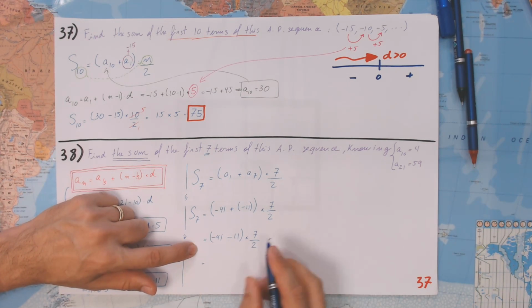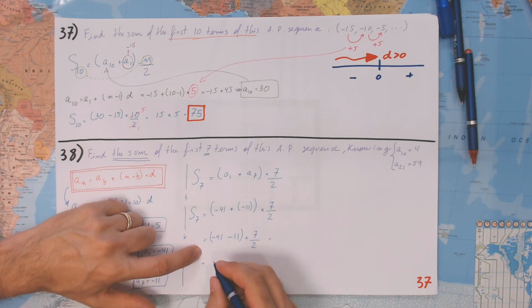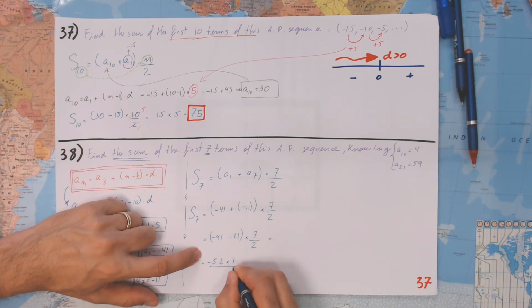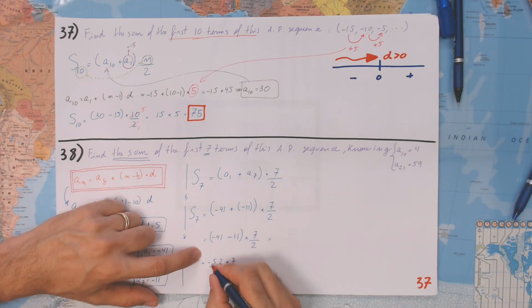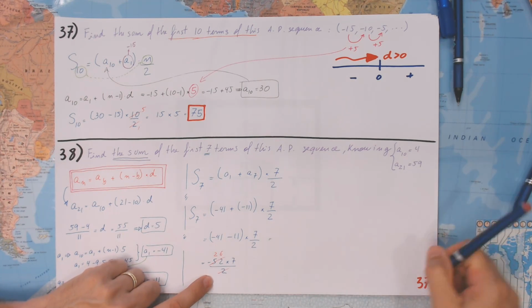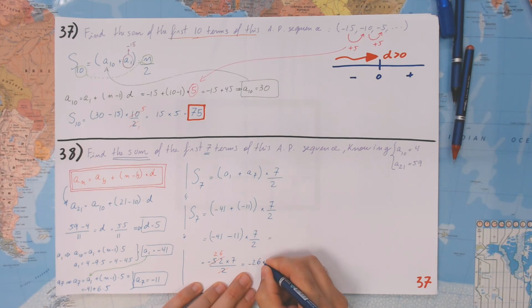This is minus 52. Minus 52 times 7 divided by 2. We can cancel 52 with 2. This is 26. And the answer is just minus 26 times 7.